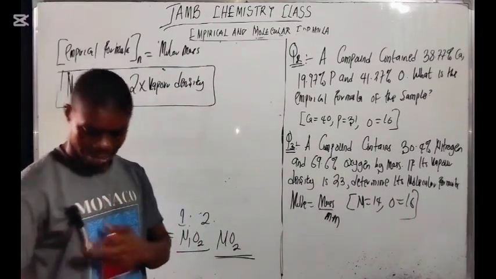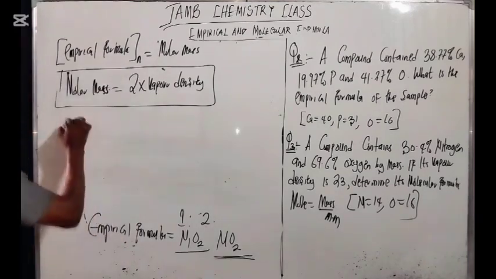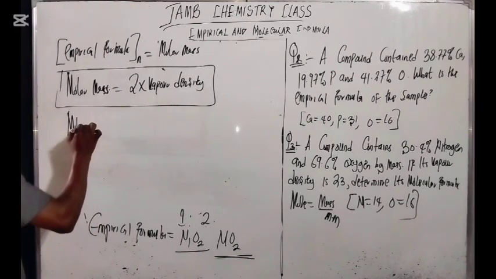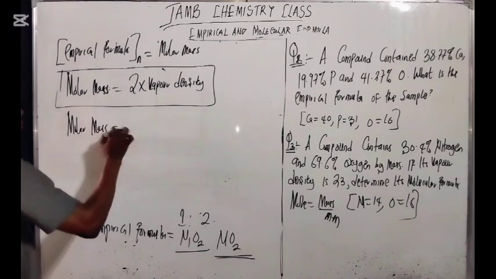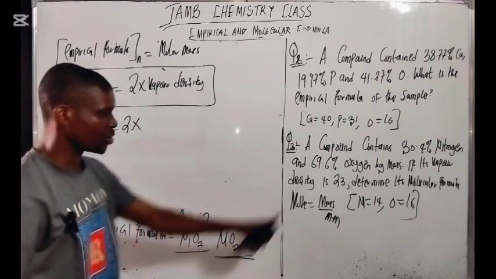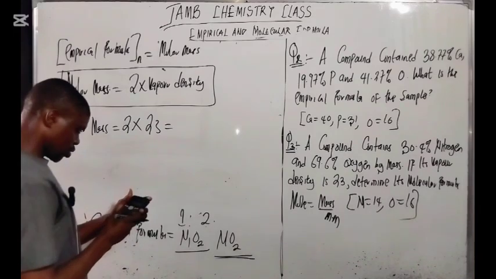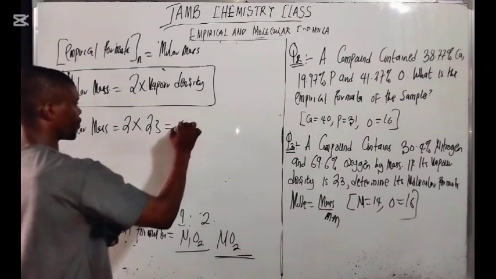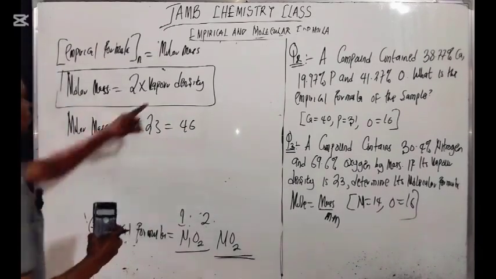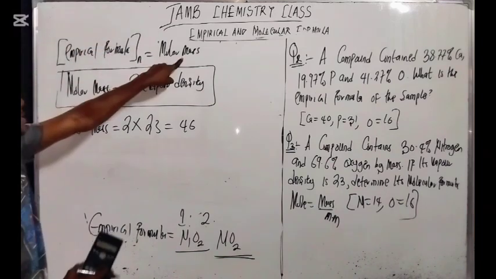Please pay close attention to this. So my molar mass now equals 2 times my vapor density, 23. So 2 times 23, here we have 46, right? So that is my molar mass.